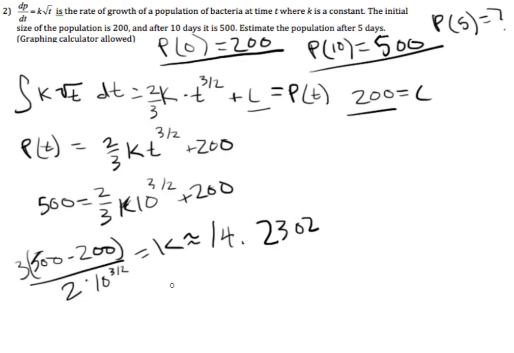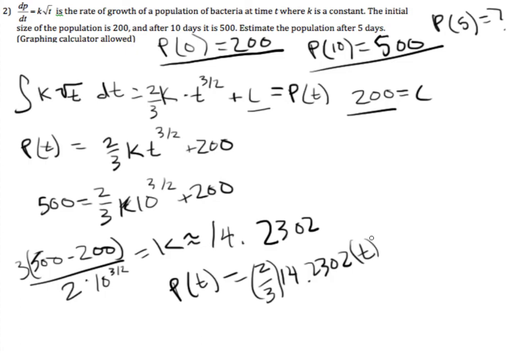So again, the whole point of that is now we can write our function P(t) equals 2/3 times 14.2302, times t to the 3/2 plus 200.